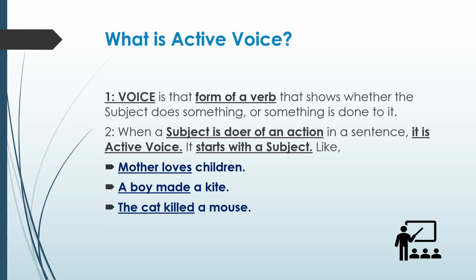What is active voice? Number one, voice is that form of a verb that shows whether the subject does something or something is done to it. Number two, when a subject is the doer of an action in a sentence, it is active voice.